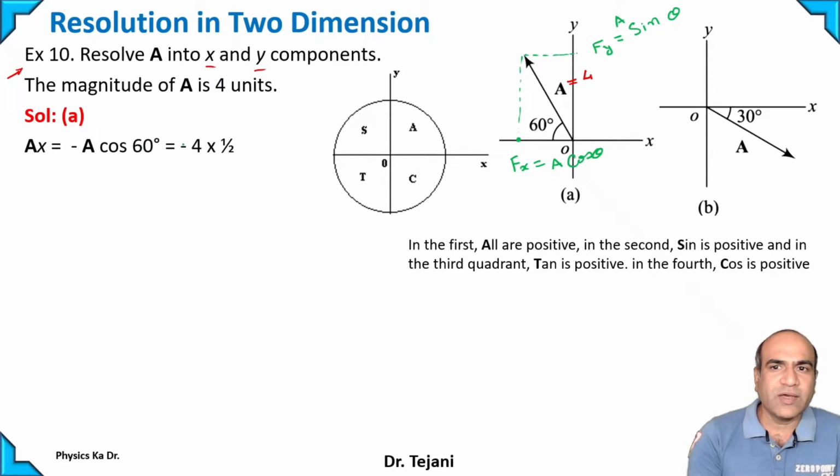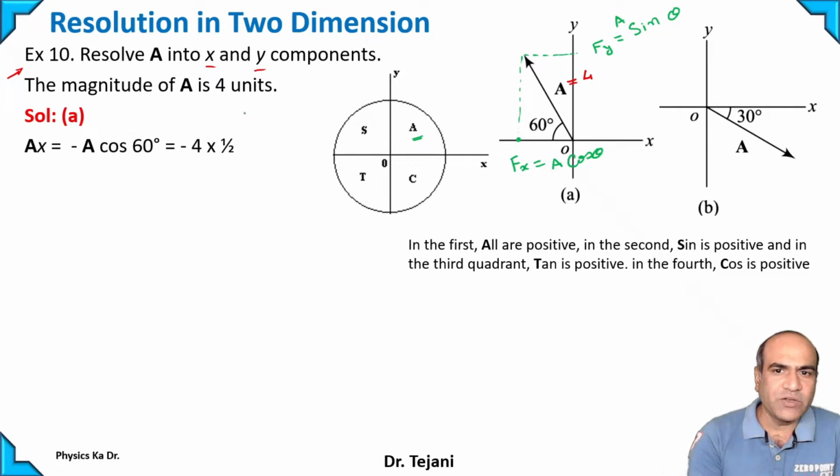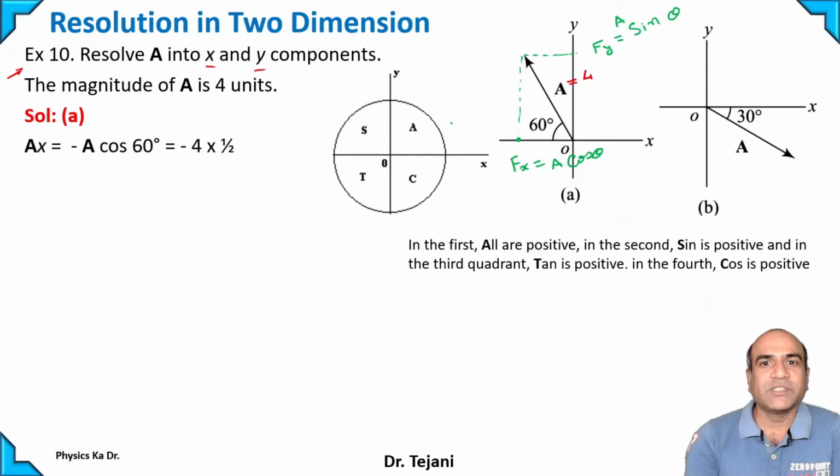So here for the x direction, we need to understand in which quadrant cos becomes negative. This is a method to know in which quadrant the trigonometric values become negative or positive. If the angle is in the first quadrant, all are positive: sine, cos, tan, whatever.